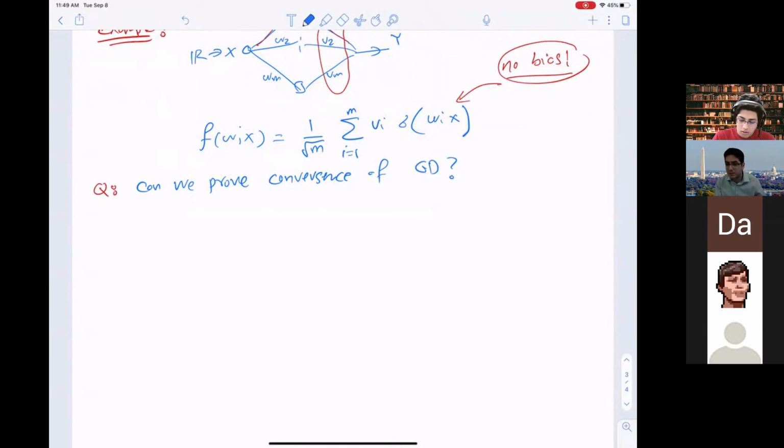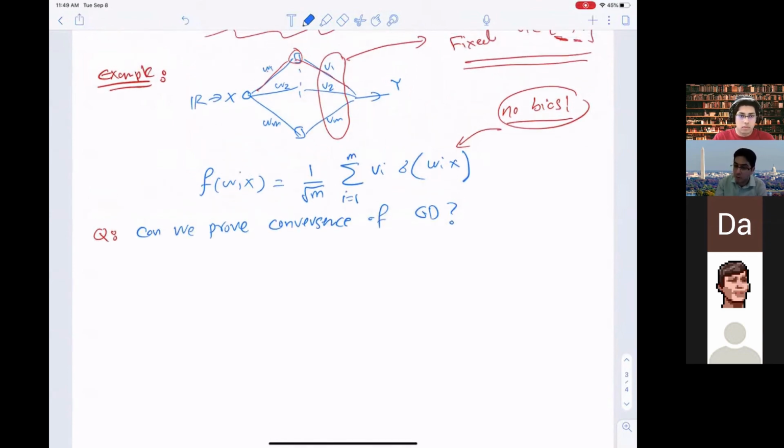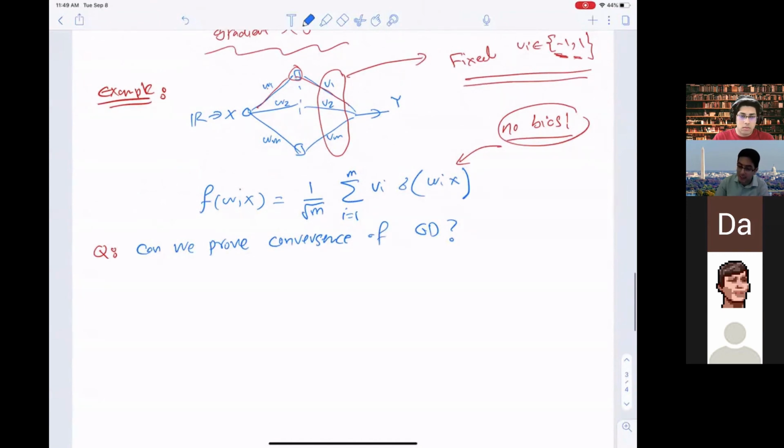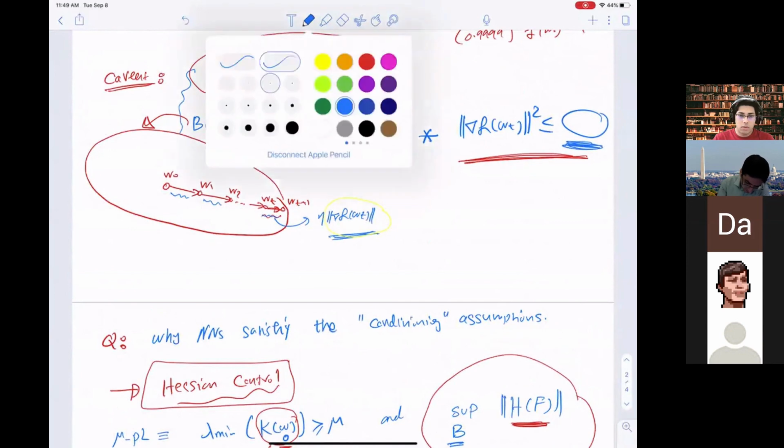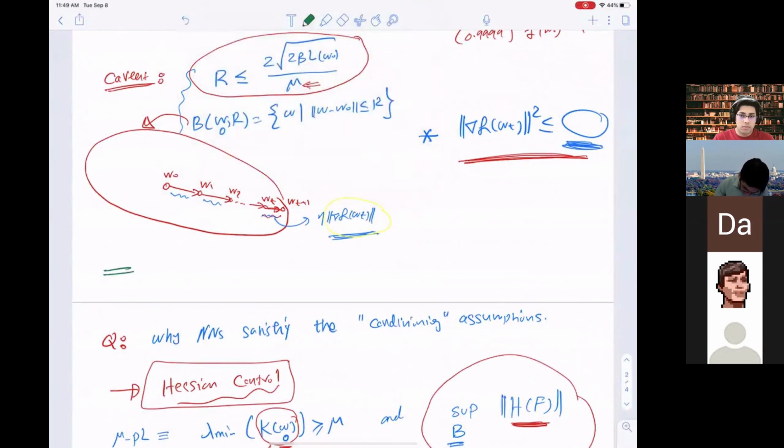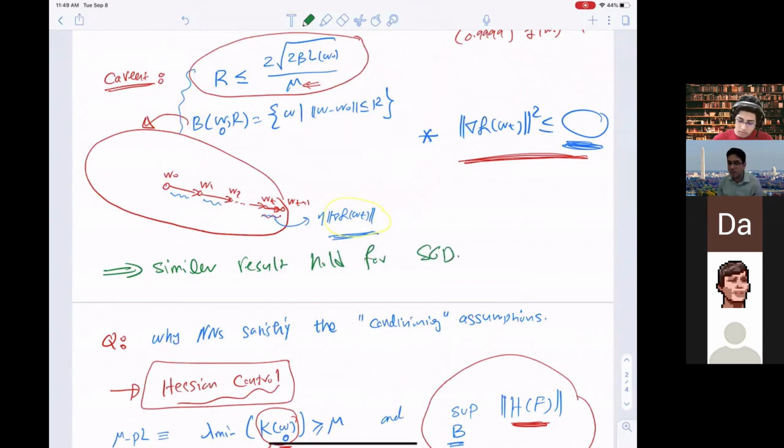We had a big general theorem, and we want to see if, for a particular neural network, we can use that theorem to show the convergence of gradient descent or stochastic gradient descent. Something I should have mentioned: even though we stated the results for gradient descent, a similar result holds for stochastic gradient descent. The proof is a little bit more complicated, so I'll refer you to the paper for the proof.